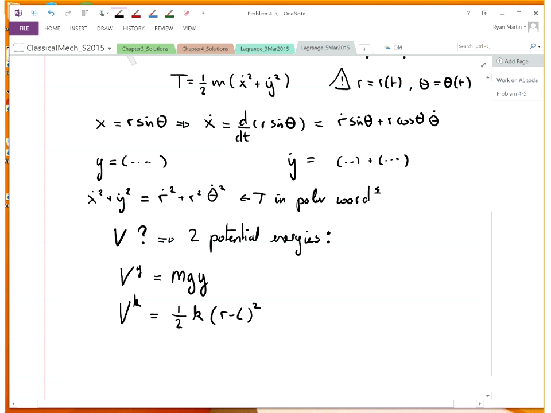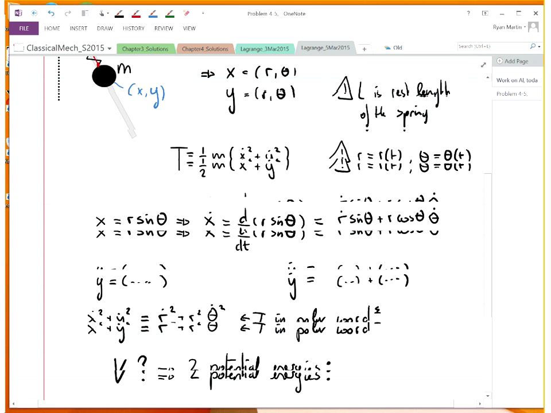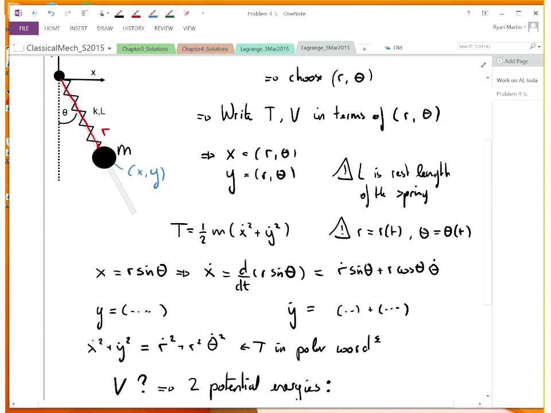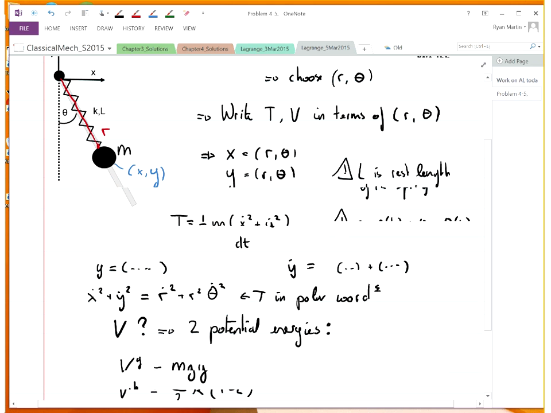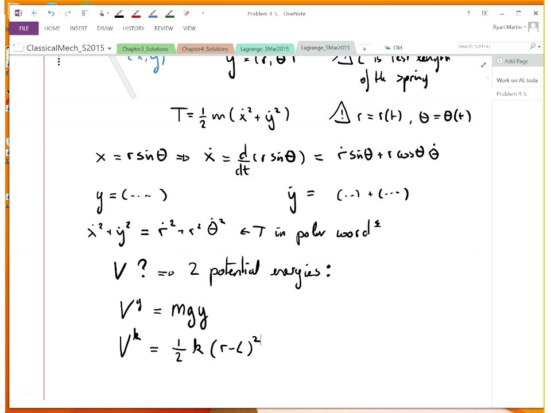Remember, L is the unextended, the rest length of the spring, so R minus L is how much the spring is extended. Alright? And so the total V is the gravitational V plus the spring.